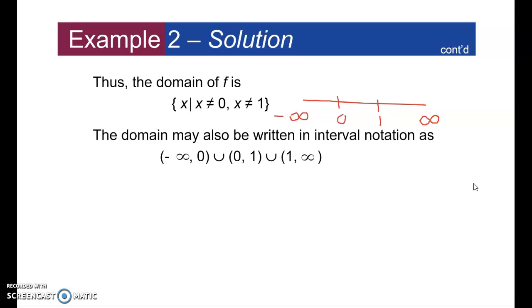Of course, the infinities and negative infinities always get a parenthesis. This symbol here is just union. That means it could be in the interval from negative infinity to 0, or from 0 to 1, or from 1 to infinity.